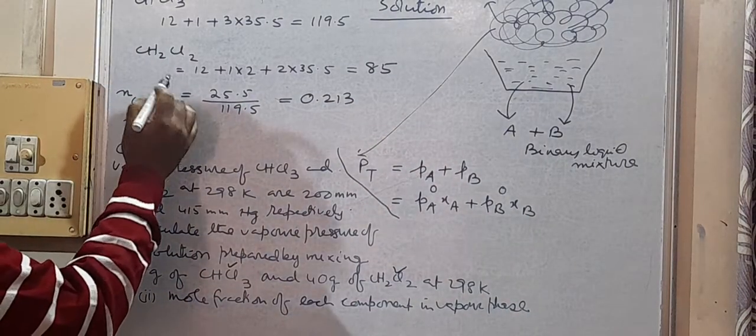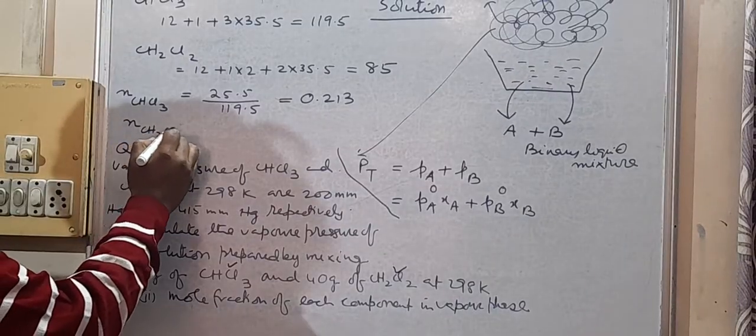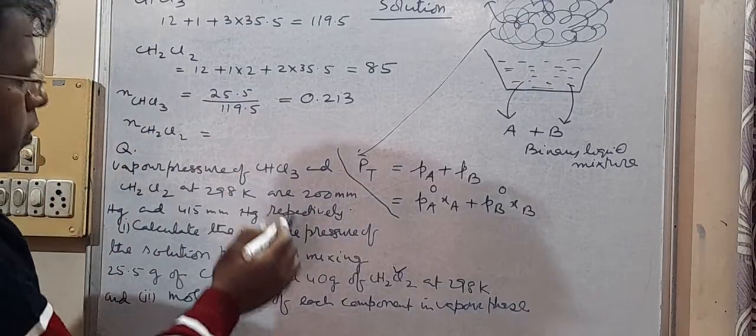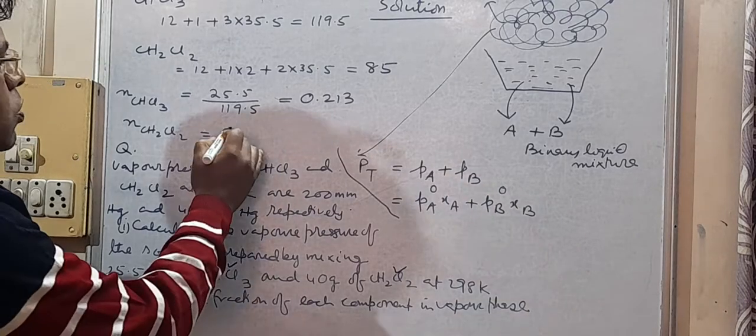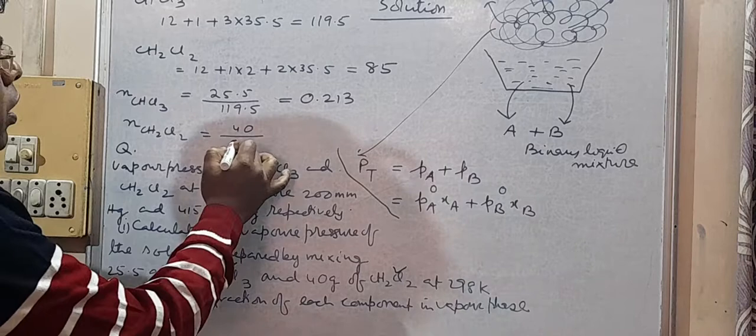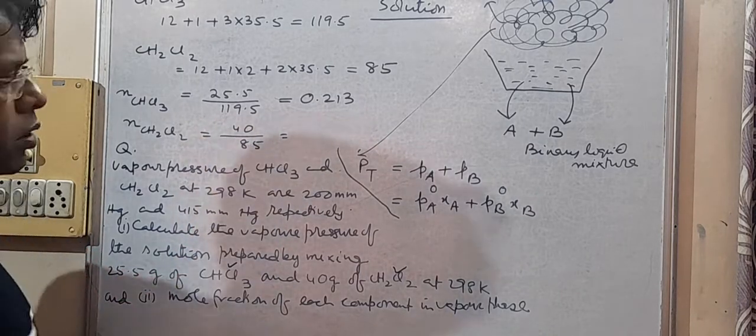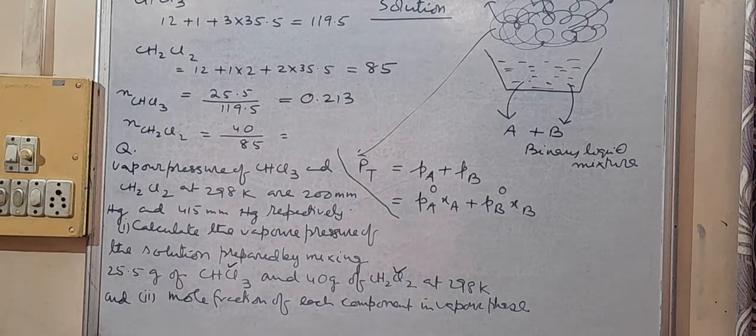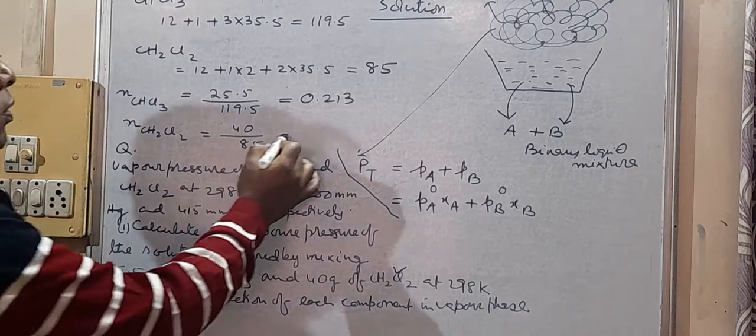Similarly, the moles of CH2Cl2 will be 40 grams divided by the molar mass 85, and here you get it to be 0.47.